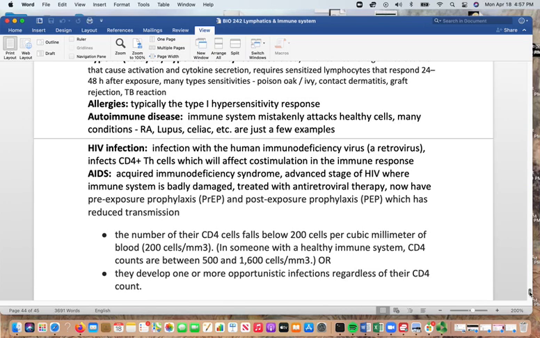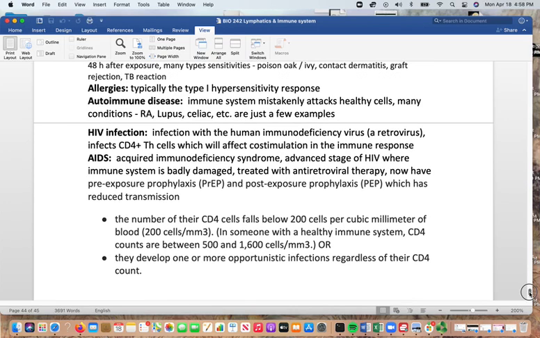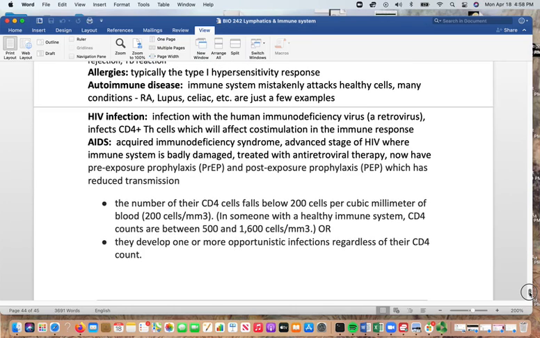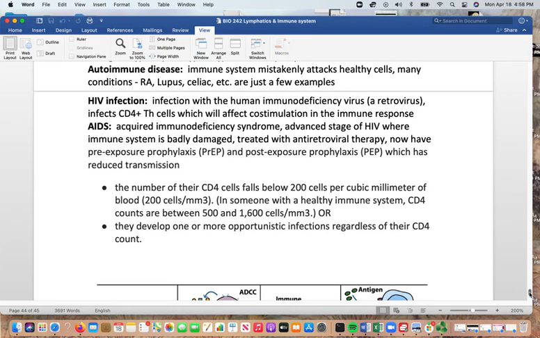So some treatments include antiretroviral therapy. We do have pre-exposure prophylaxis and post-exposure prophylaxis that's really helped to reduce transmission. However, it doesn't eliminate it altogether. So when we consider the diagnosis become AIDS, the number of CD4 cells falls below 200 cells per cubic milliliter of blood.